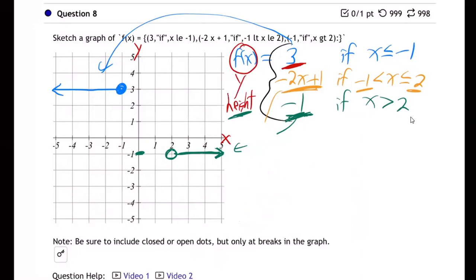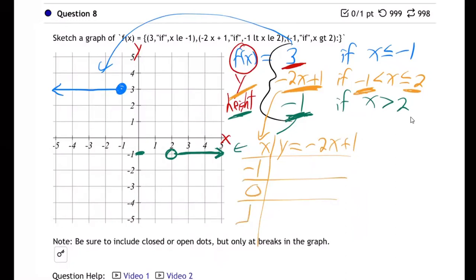Let me try that again. Put it right here. I'm going to go x and y equals -2x plus 1, right? And I'm supposed to plug in x values between -1 and 2. So it'd be -1, 0, 1, and 2. That's the x values it told me to put in.